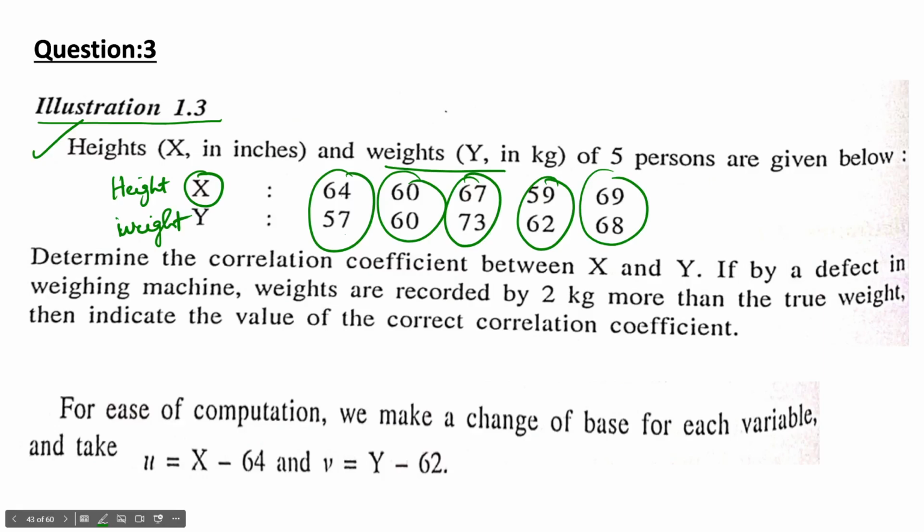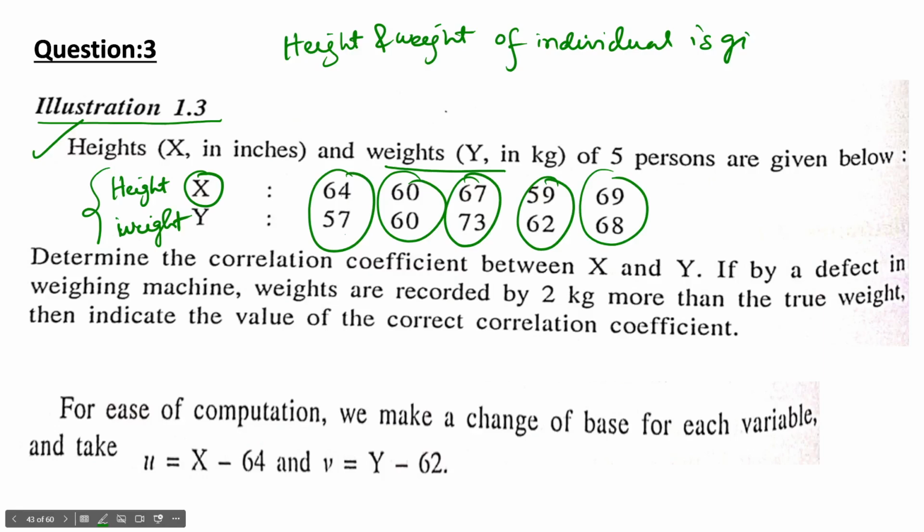Sometimes the question may not contain this type of tabular form. Say it is given like this: height and weight of individuals is given as, say, 64, 56, 57, 60, 67, 73, like this.